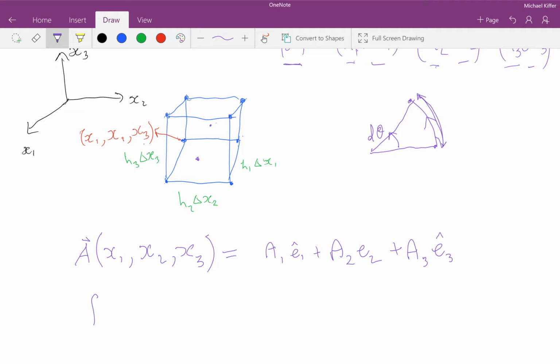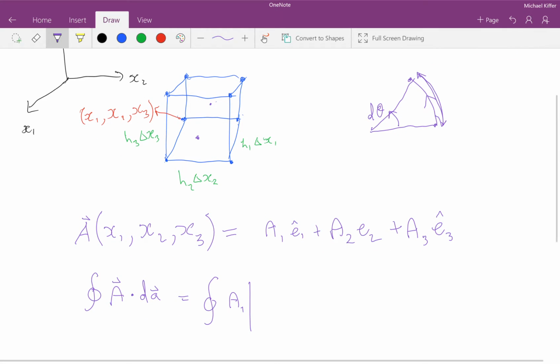So we're going to take the surface integral of our function A across that little face dA, which is the front face. We know that any part of that vector that's coming out of that front face is just going to be our A1 component, and that's going to be evaluated wherever this front face is.